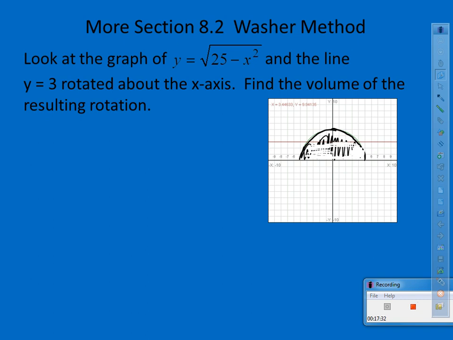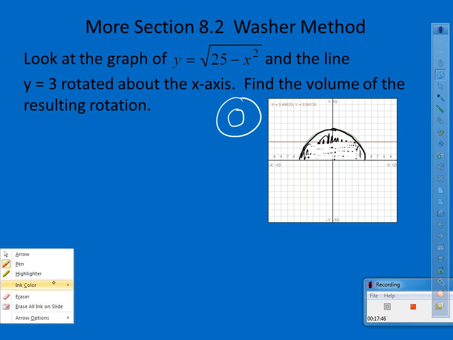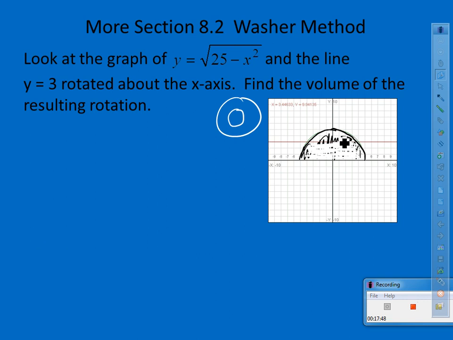So I'm going to end up with something like an olive. So I'm going to have something circular that has the center cut out of it. So that's what I'm going to be finding now. So I'm going to find the volume of this piece right here spun about the x-axis.